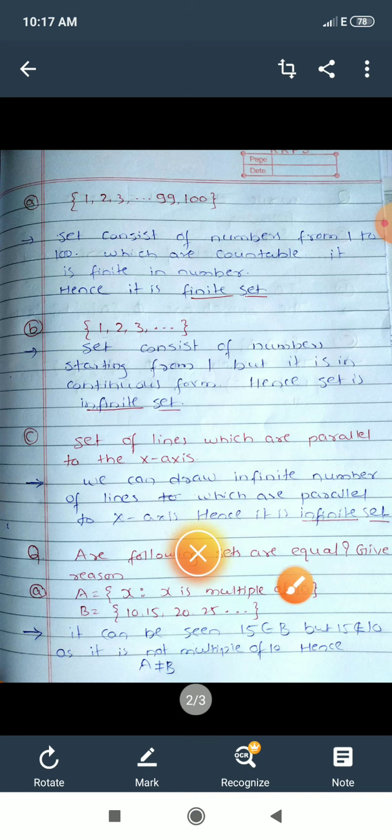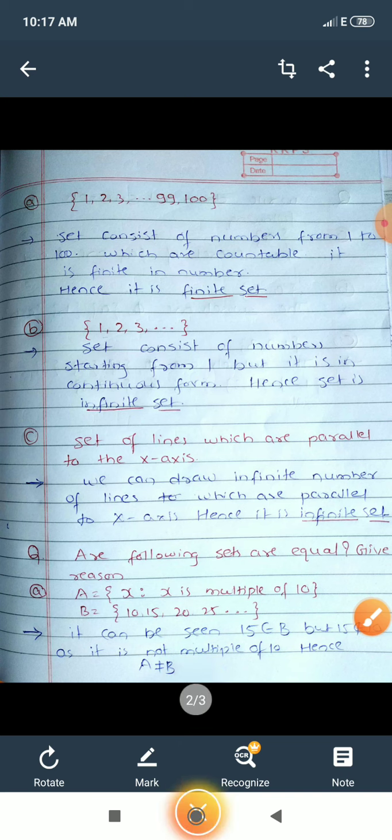Now it can be seen that 15 belongs to B, but does 15 belong to set A? Correct. It does not belong to set A because 15 is not a multiple of 10.